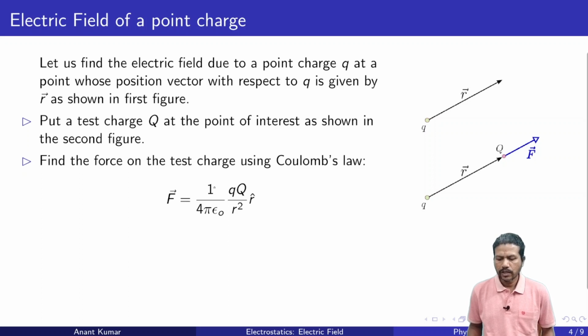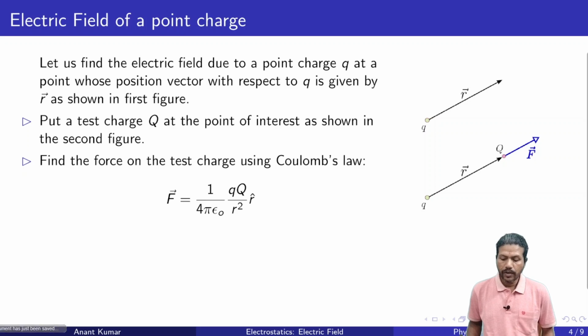The force is 1 by 4 pi epsilon naught Q multiplied by Q divided by r square along r cap. I am assuming the test charge and the source charge to be positive, so that the force on capital Q, the test charge, will be away from the source charge because it is going to repel it, and the direction is along r cap, the unit vector along the position vector r.